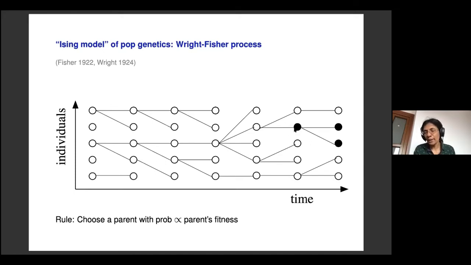And at some point, a mutation might occur. So for example, here it happened, and then again, these individuals will be produced with probability proportional to the parent's fitness. So this can be implemented in your computer. Okay, so these are the basic processes of evolution that we have in mind, and we would like to understand and see what the implications are.